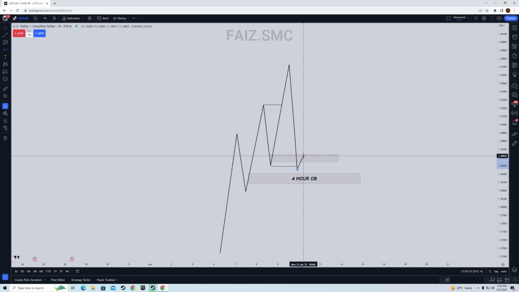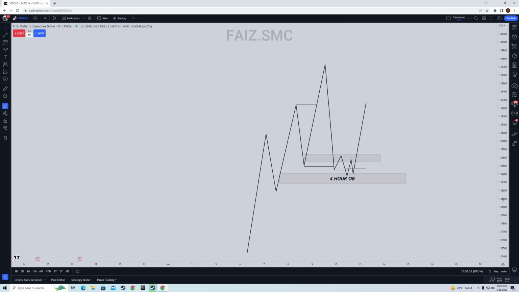Remember, it's going to look something like this. On a fractal basis, we're looking for a turtle soup that is a reversal pattern. So now there could be a 15-minute structure here. You look for a market structure shift, take your entry, and boom.